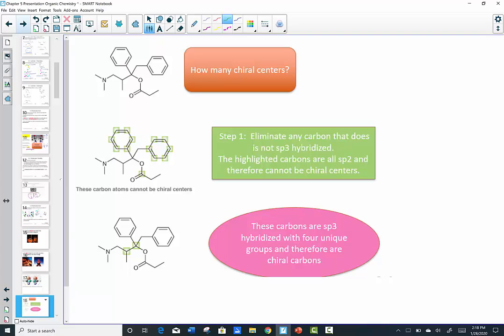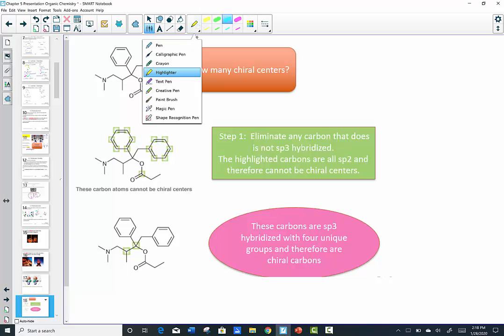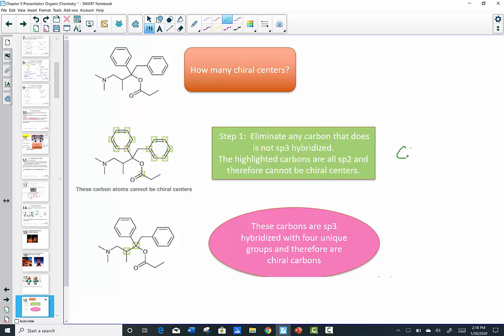You're going to work several problems where you're looking at some structures, and some of them can be quite overwhelming, large structures with all kinds of things going on, and you're asked to identify how many chiral centers. One of the first strategies I would recommend is to find any carbon that is not an sp3 hybridized carbon. If you see any double bonds, those are sp2.